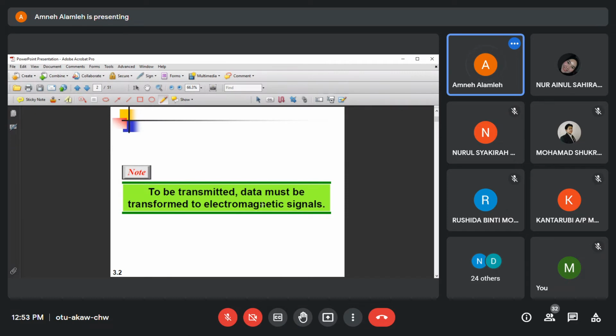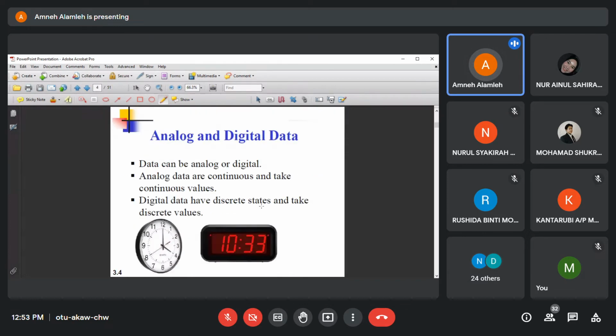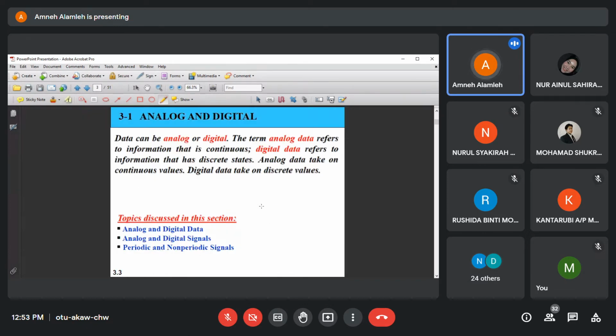So what are the forms of the data? The data can be analog or digital. The term analog data refers to information that is continuous, and the digital data refers to information that has discrete states.